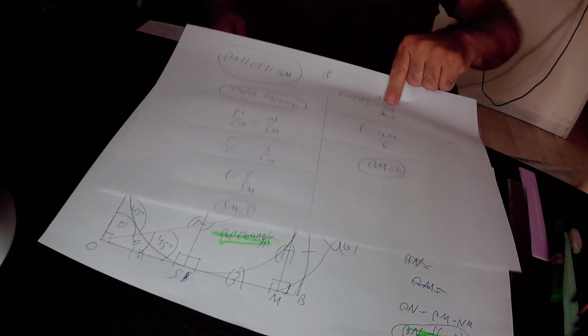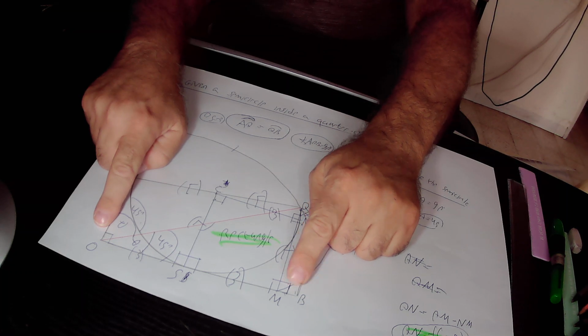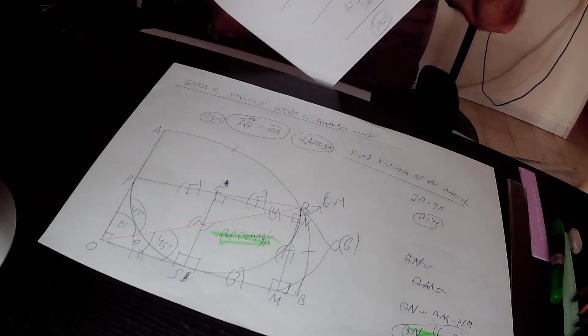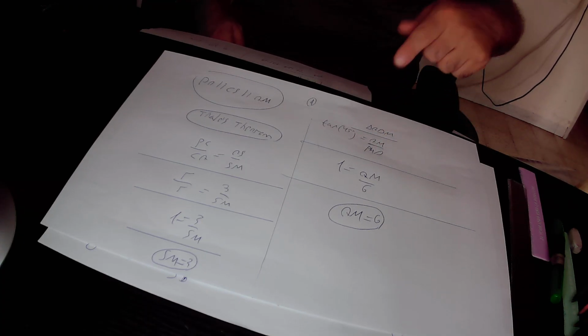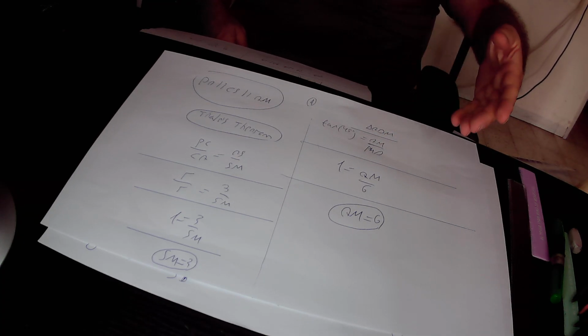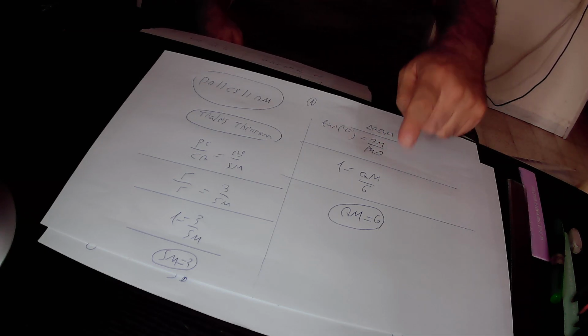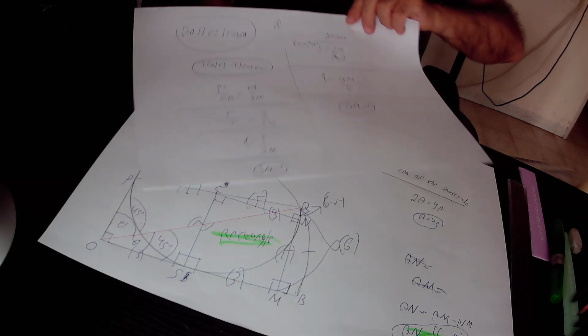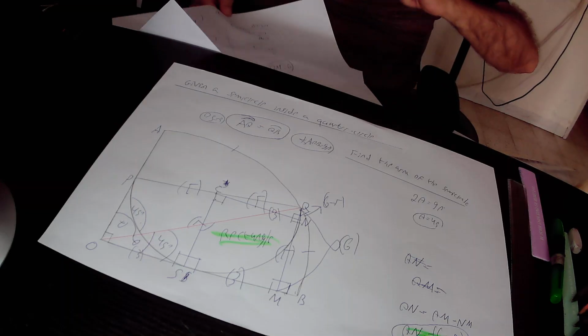OM equals 6, because OM in total equals 3 plus 3, that is 6. So MQ over 6 equals 1. Here we multiply this equation by 6, and so QM equals 6 units in length. This is line segment QM, which equals 6 units in length.